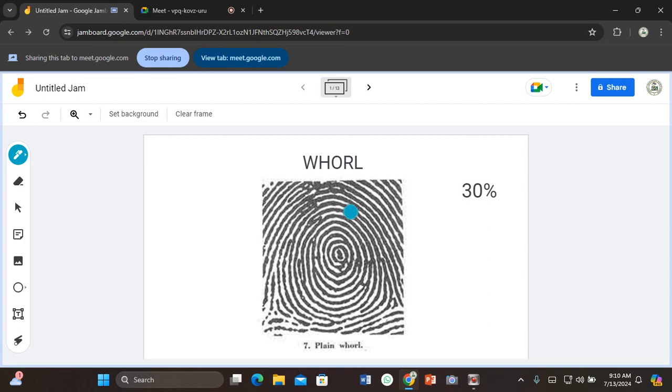In the last lecture, we said loop is about 60 to 65%, and arch is about 10 to 15%. So this group is the second most common out of all the fingerprint patterns.